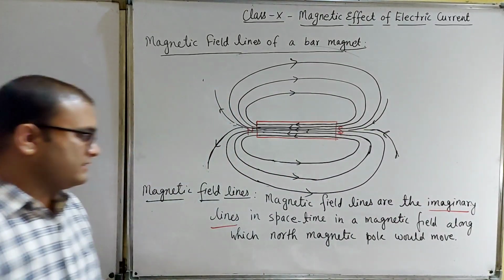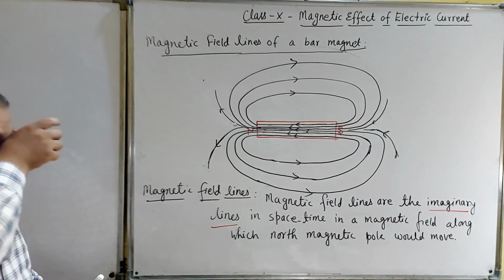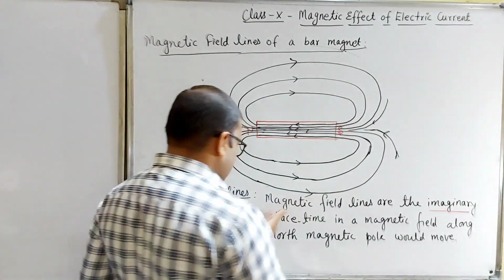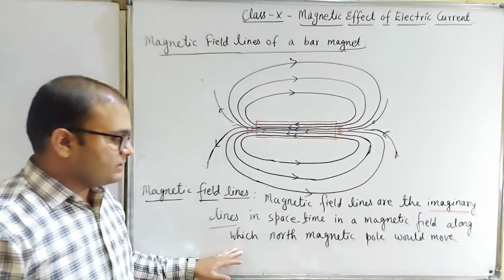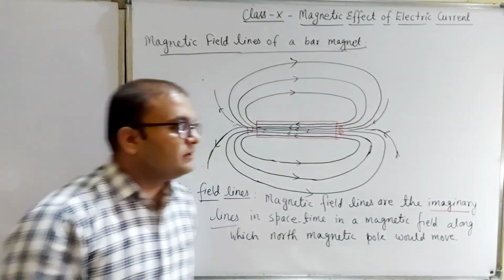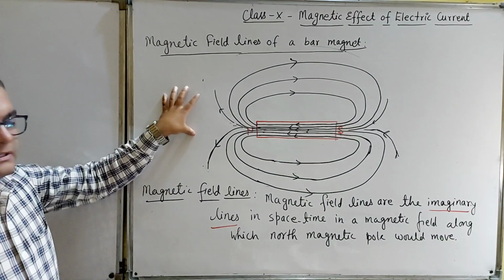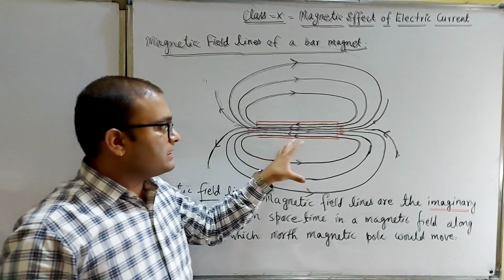So this will be the definition of magnetic field lines. Magnetic field lines are the imaginary lines in space time or in a magnetic field along which north magnetic pole would move. So this is the magnetic field lines pattern of a bar magnet.